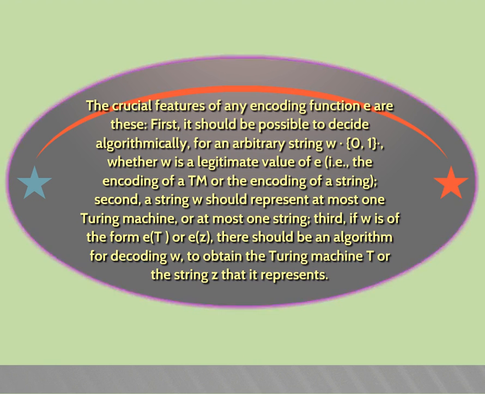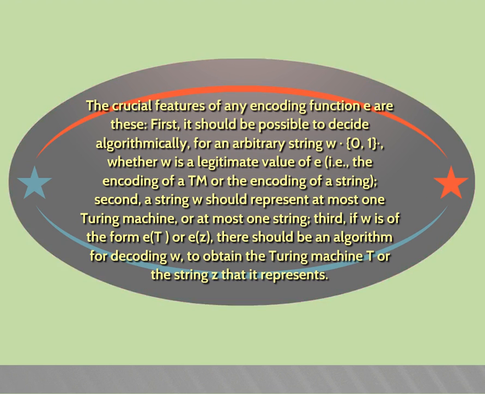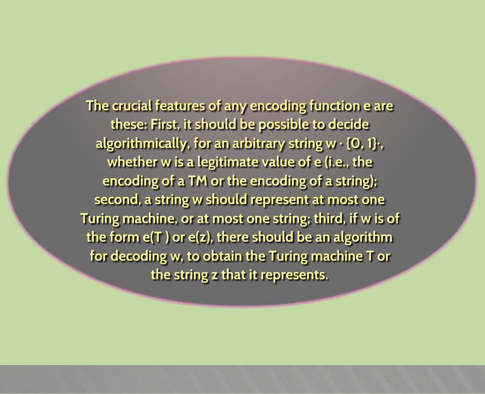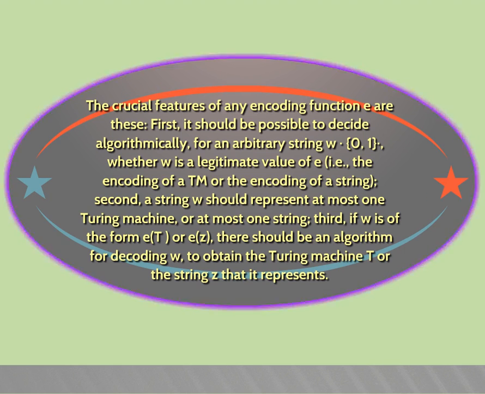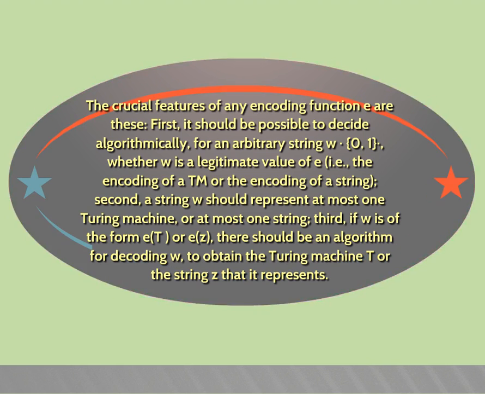Second, a string W should represent at most one Turing machine or at most one string. Third, if W is of the form E of T or E of z, there should be an algorithm for decoding W to obtain the Turing machine T or the string z that it represents.